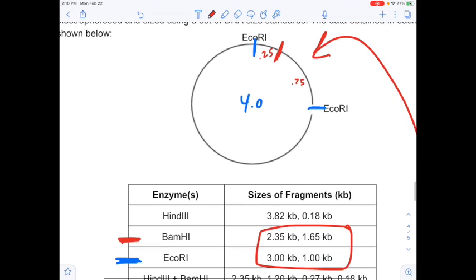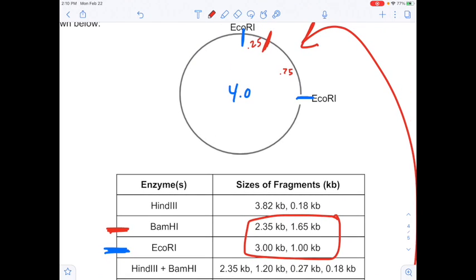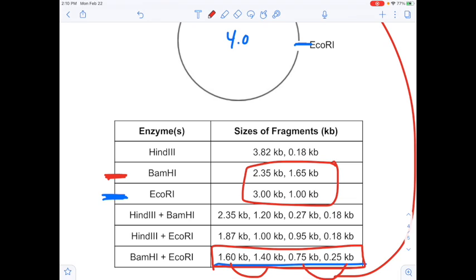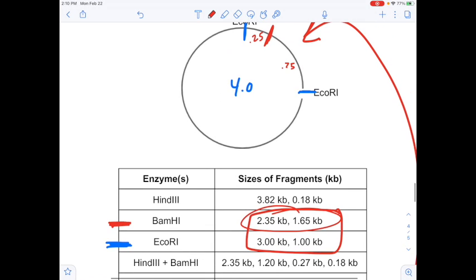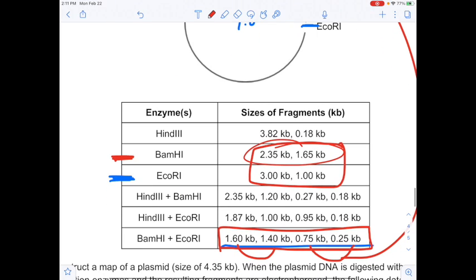So that would be a BamHI cut, and I need one more BamHI cut on there. All right, and I need it to be creating a 2.35 and a 1.65. So it's either going to go over here or over here, depending on how the numbers add up.